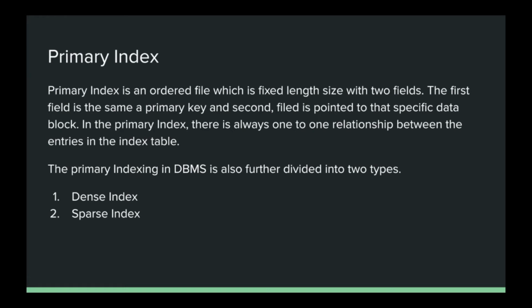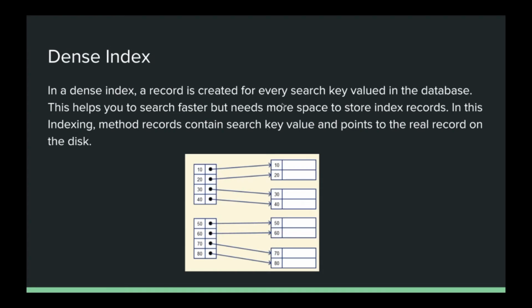There are two types, as I mentioned, the dense index and the sparse index. So this is the example. As you can see, 10, 20, 30, 40, 50, 60, 70, 80. These are the primary keys of a table. There is another table that gets created on the basis of the index, a separate table in the database, which keeps the primary key, and the second column keeps the address where the whole row is stored.